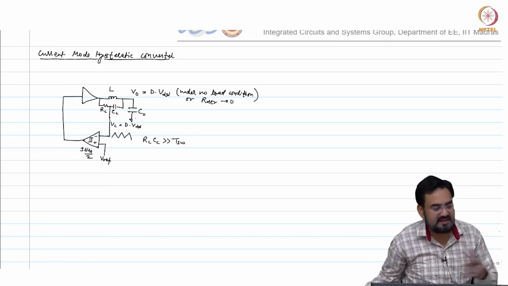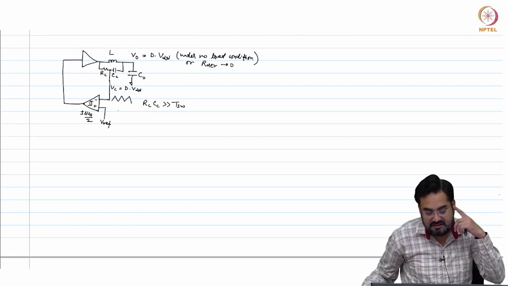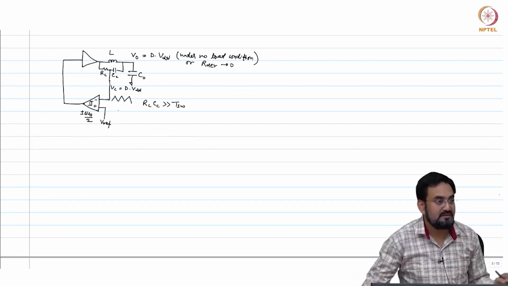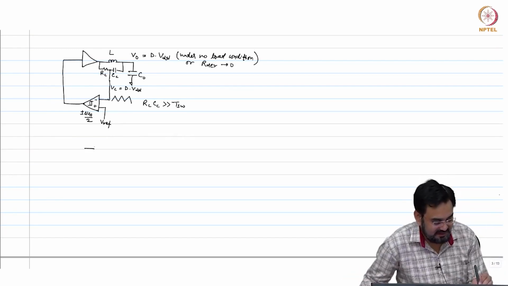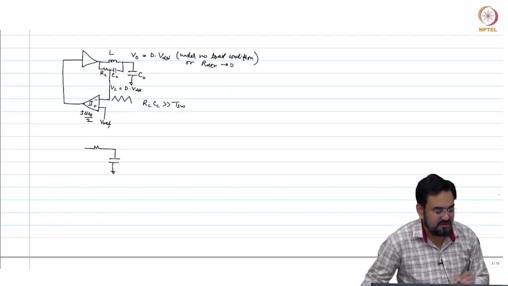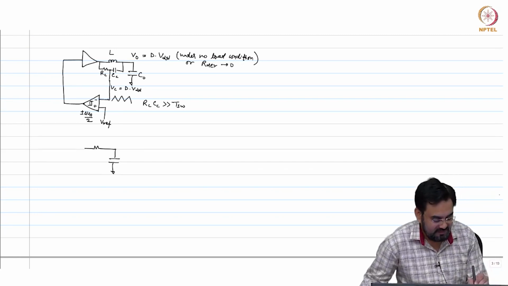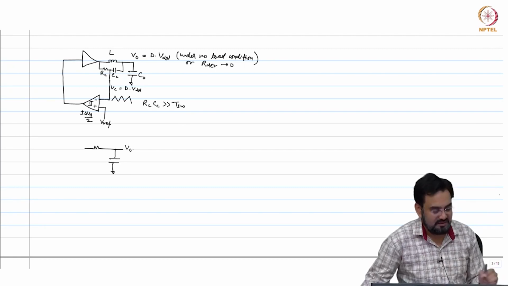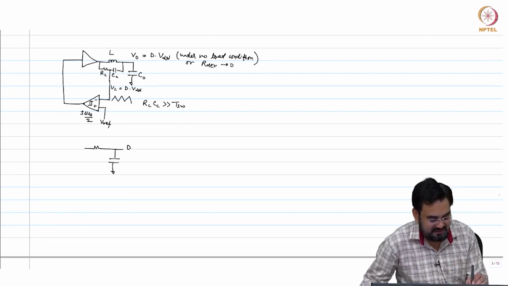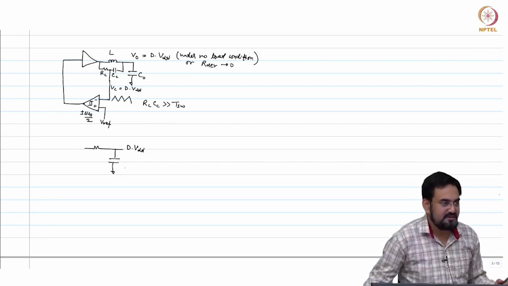So, if I want to write the expression for frequency, how will I write? Let us say I take this filter. I can assume this as a ground, which is V out, AC ground. I am looking for a small signal. This is V out, or let me write D times VDD to avoid confusion that they are shorted.